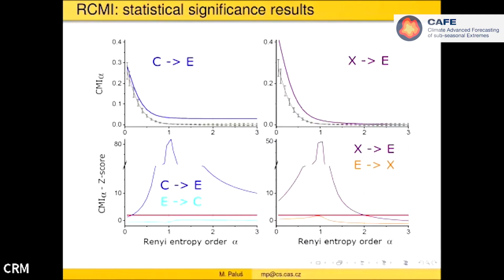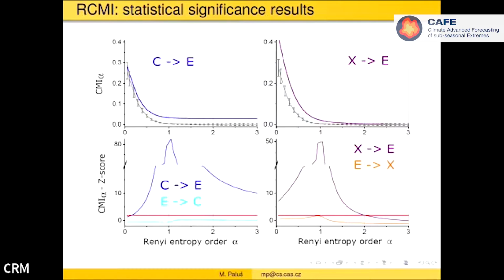Now we compute again the dependence of CMI alpha on alpha, in the direction from C to E. The blue line is from the data, and the green lines with whiskers are the mean from surrogate data, with the range of plus minus two standard deviations.